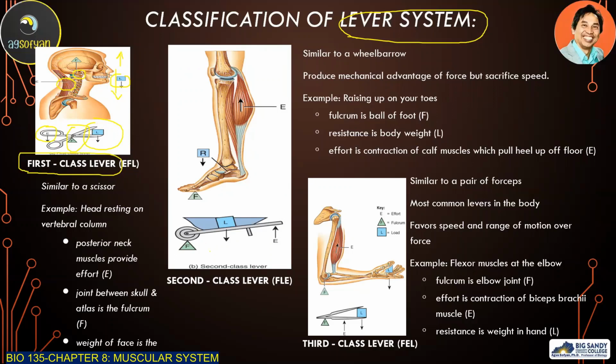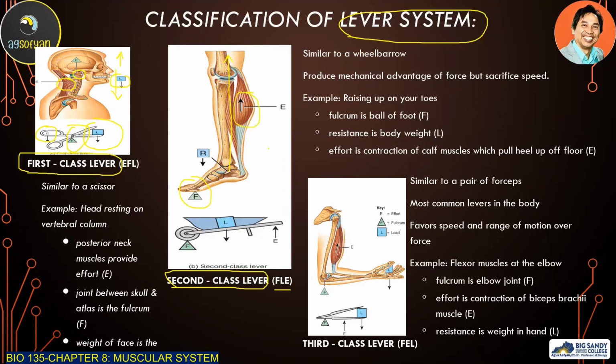So the second one is called the second class lever. This is FLE. The fulcrum is first, then the load will be in the middle, which is actually the weight of our body, and the effort is coming last.